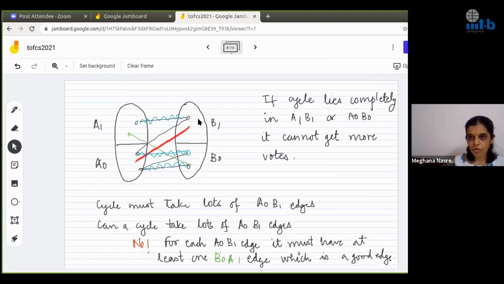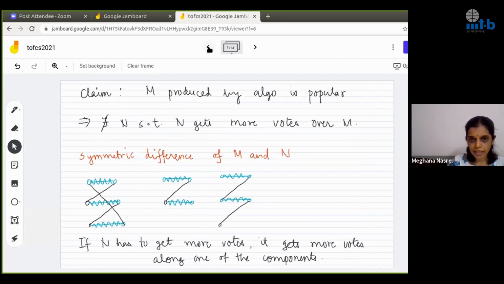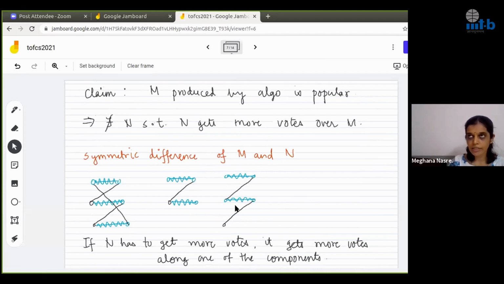So this is the overall line of proof, which tells us that the matching N, and again, I have just taken one cycle and argued about it. You have to argue about it for all of these structures, but in the interest of time, I'm not going to do that. So for each of these structures, it can be argued that you cannot create more bad edges than the number of good edges. Therefore, the number of votes will compensate, and therefore the matching that you have produced is popular.